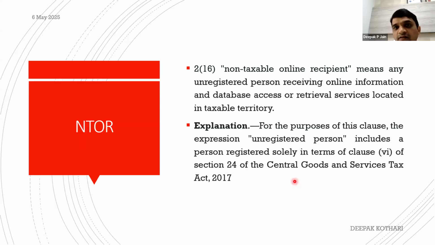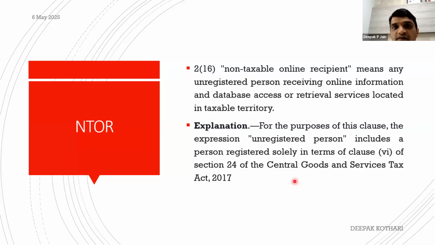Earlier, this definition was different, but in Budget 2023, this has been amended. We will understand the implication of it, because prior to this budget amendment, the definition read that any central government, state government, or any individual who is receiving the services for non-commercial purposes will be treated as a non-taxable online recipient.